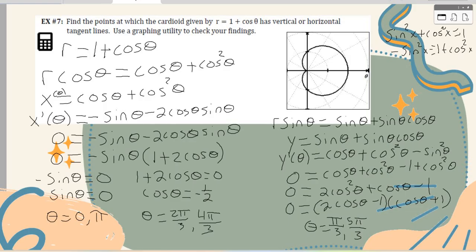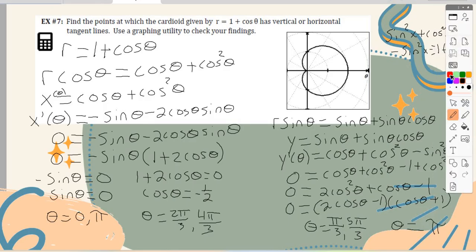And then where does cosine of theta equal negative 1? Pi. So do we have any of that overlap? Pi. So pi is not either right now, or it's inconclusive. We cannot say it is for sure either one.